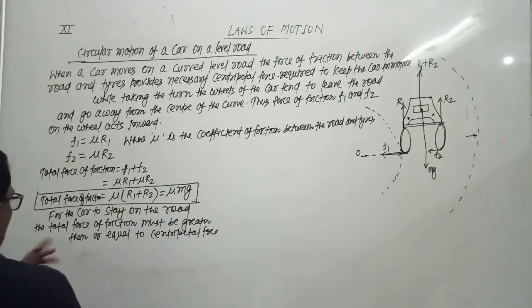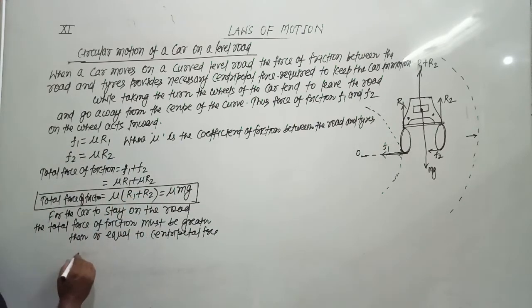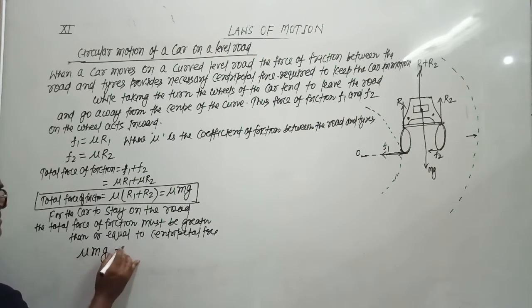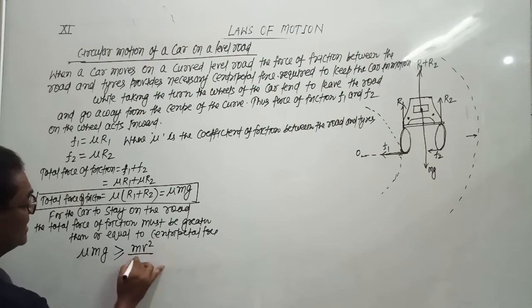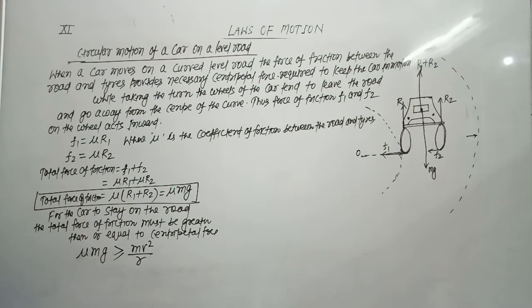The total force of friction we have already calculated, which equals mu into mg, and this must be greater than or equal to the centripetal force, which is given by mv square by r.